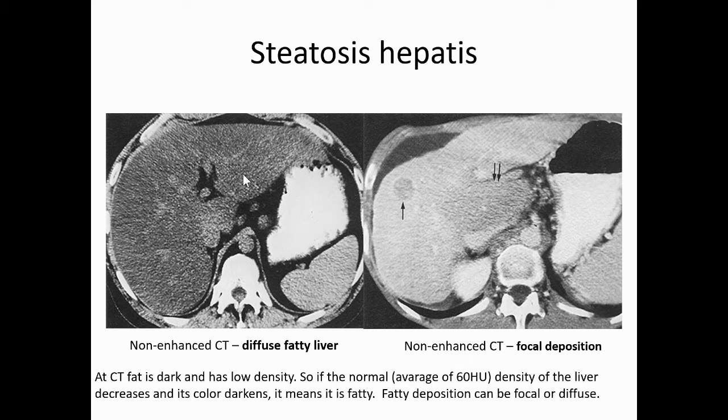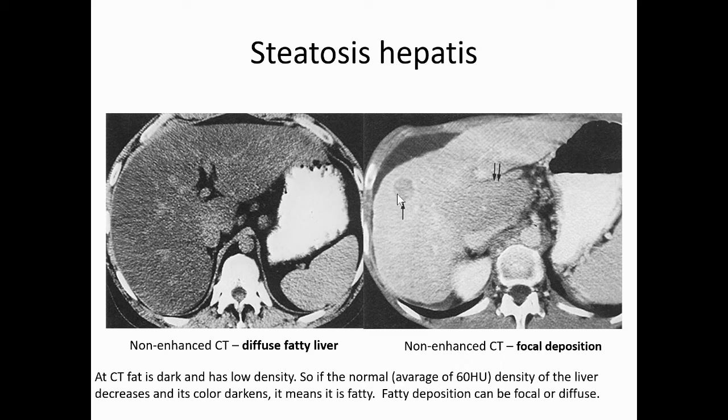And so if the liver becomes darker on consecutive images and the density lowers, then that's diagnostic for fat. We usually consider 40 Hounsfield units or below to be fatty liver, because the liver normally has a density of around 50 to 60 Hounsfield units.